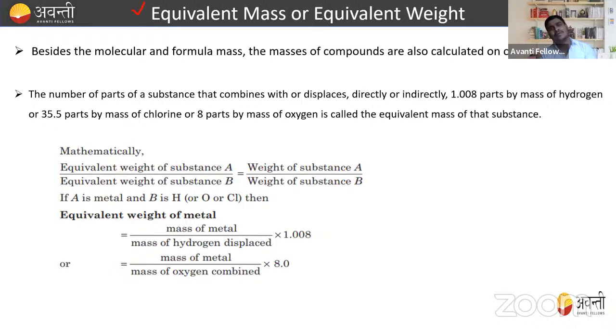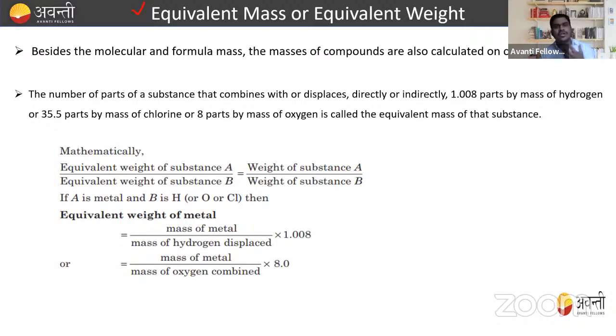For example, in electrochemistry or redox reactions, these things are required to solve questions. That is, what is the role of equivalent mass or equivalent weight? So let's see what equivalent mass or equivalent weight actually is.